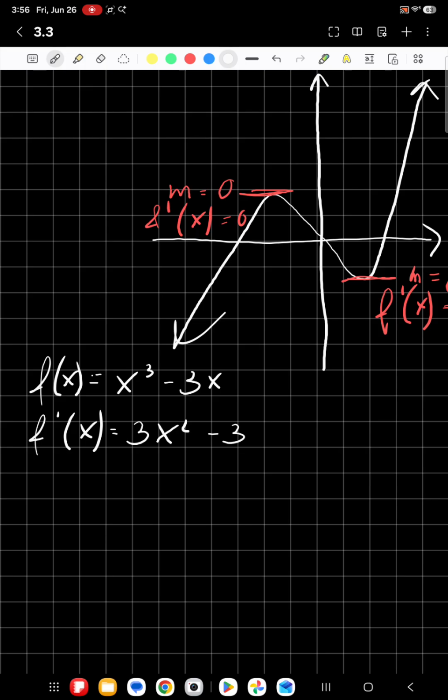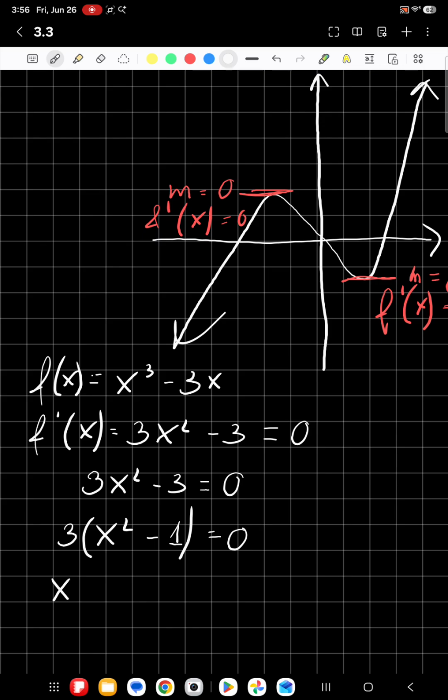We're going to make it equal to 0 and solve it. So 3x squared minus 3 equals 0, so 3 times x squared minus 1 equals 0.